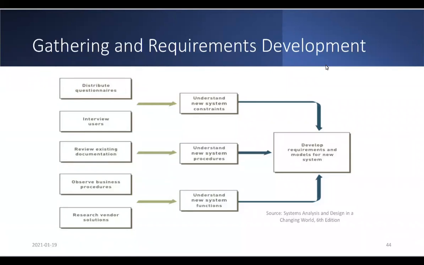We started with some questionnaires or even interviewing the users to collect functional requirements. And then we review some existing documentation and observe the business procedure. And then we even research vendor solutions in which we are able to understand the new system constraints, procedure, and functionality. It ends up that we are developing the requirements and the models for the new system.